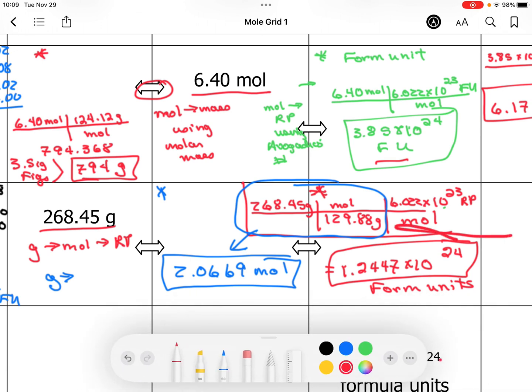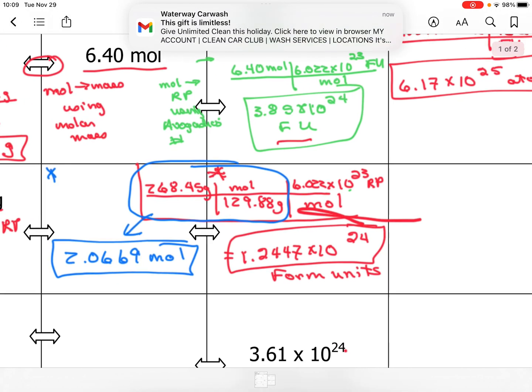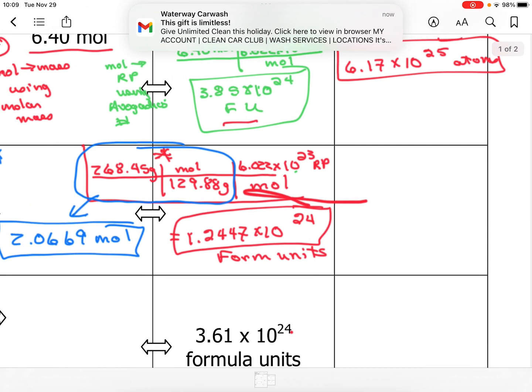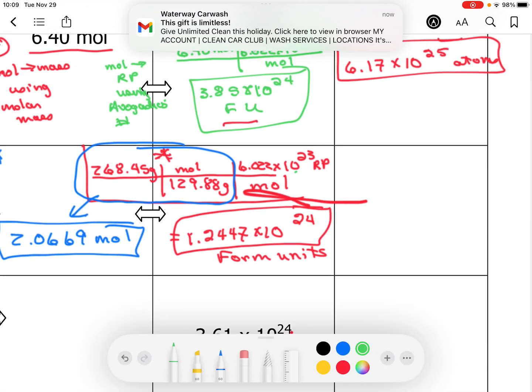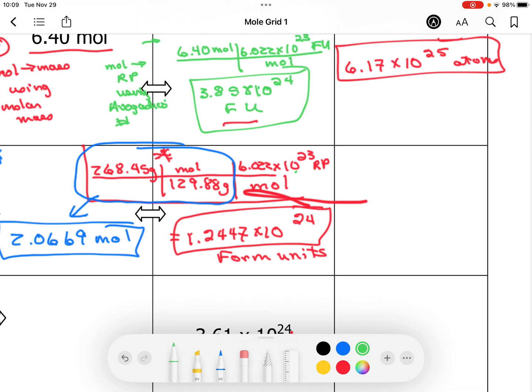Now, whoopsie, let's go over to this one and do a green. To find my number of particles, please recall that there were 7 atoms per formula unit.